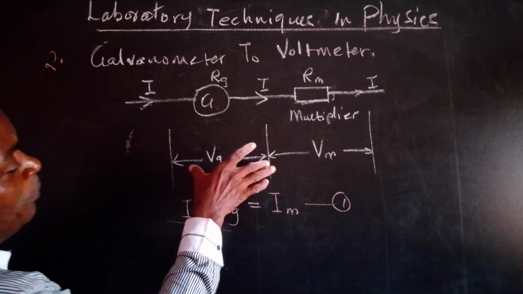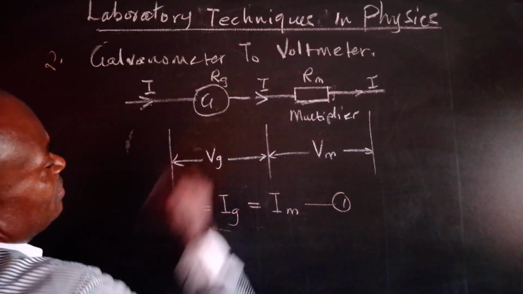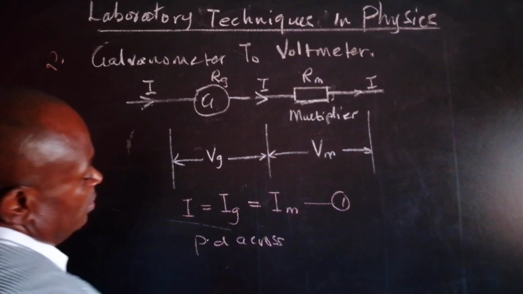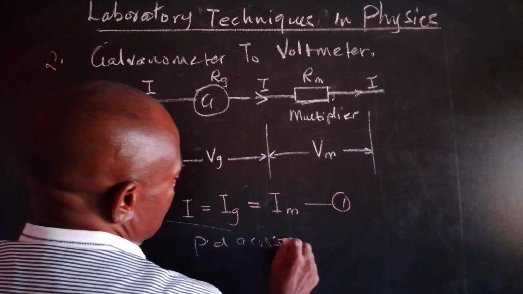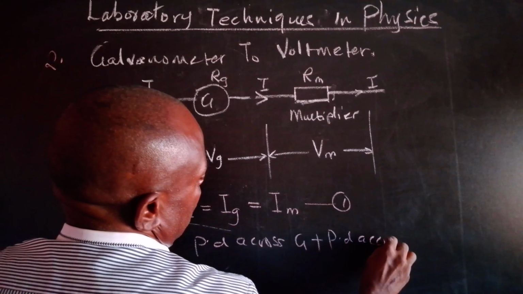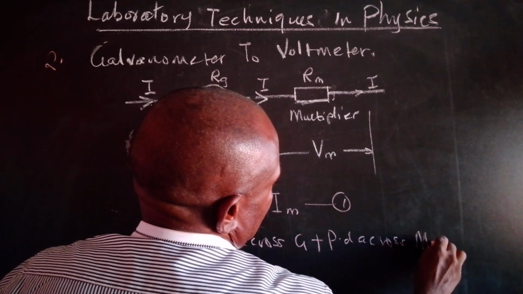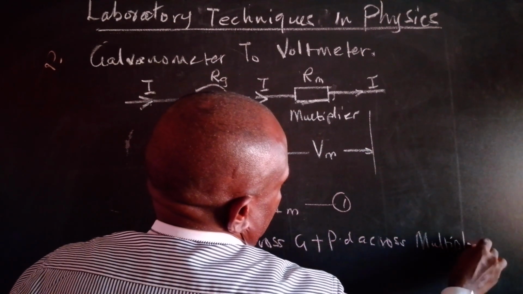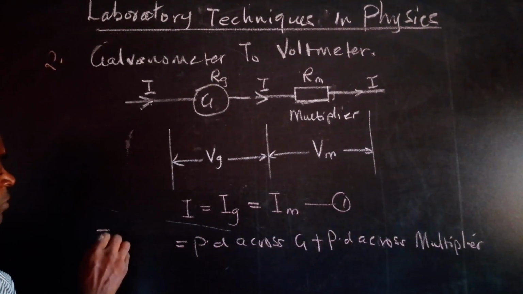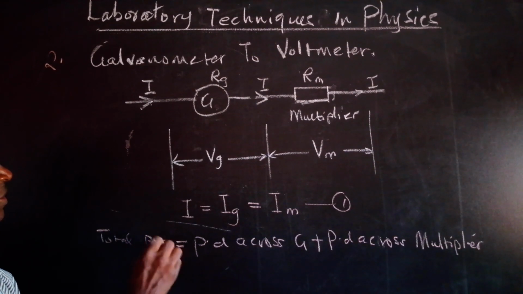Right? So the second equation we're going to look at is the potential difference across the terminals of these two devices. So the PD across G plus the PD across the multiplier is equal to the total voltage, or is equal to the total PD.